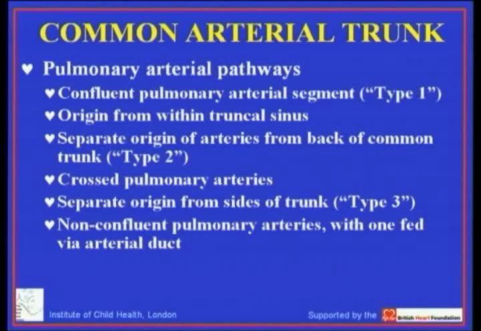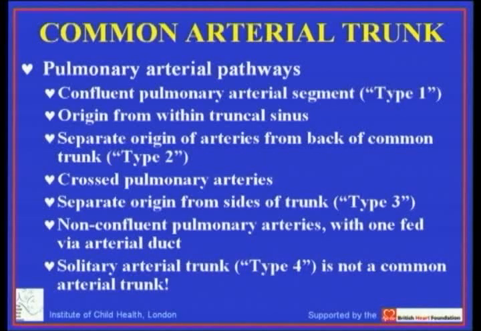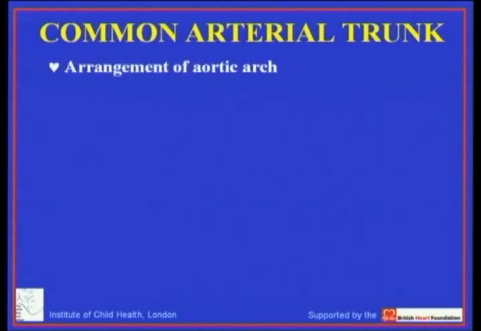And then, of course, you can have non-confluent pulmonary arteries, with one of them fed by an arterial duct. The so-called type 4, which was initially identified by Collett and Edwards, we now know is not a common trunk, because that is the type in which there is absence of the intrapericardial pulmonary trunk, and so now we would call that a solitary arterial trunk, and we would not group that along with common arterial trunk itself.